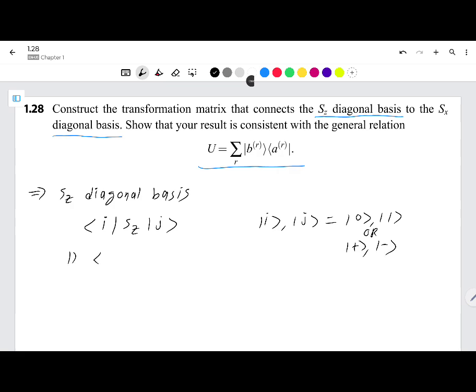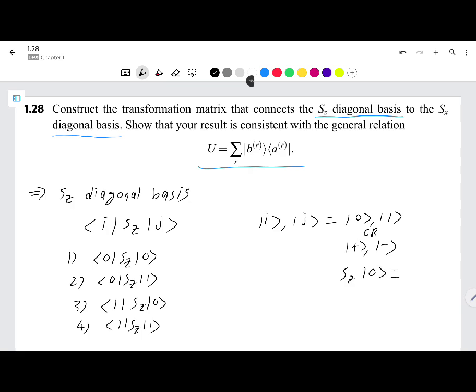One that is <0|Sz|0>, <0|Sz|1>, plus <1|Sz|0>, <1|Sz|1>. And we know that Sz operated on 0 gives the positive eigenvalue ħ/2 times 0.